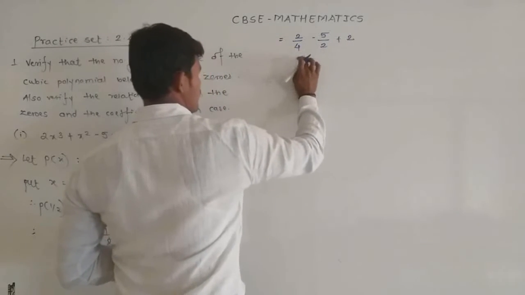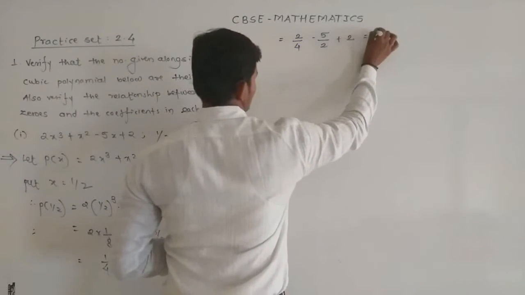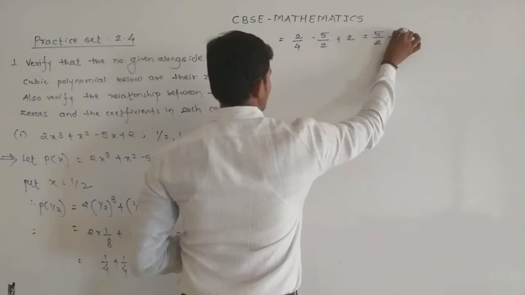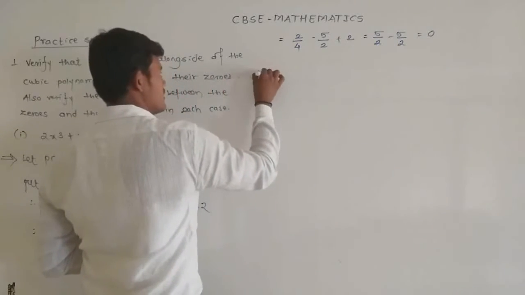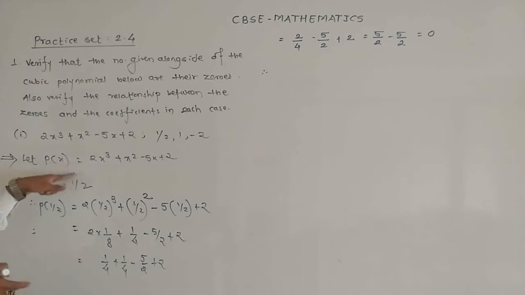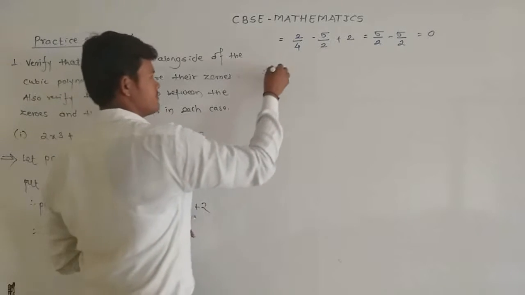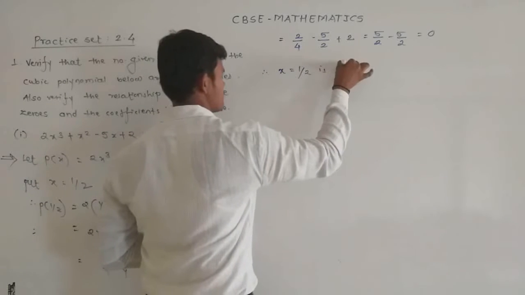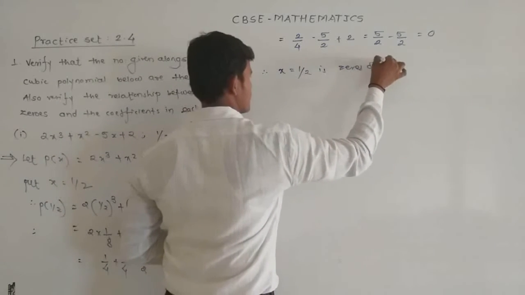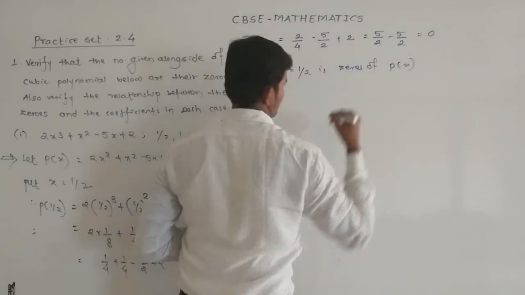After adding 2 by 4 plus 2, we get 5 by 2 minus 5 by 2, which is nothing but 0. So the value of the given polynomial is 0. Therefore x equals 1 by 2 is a zero of p of x.